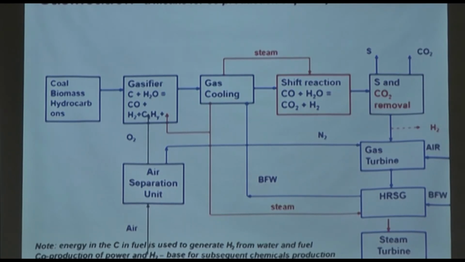The gasification reactions, I will show in two slides from now. Steam reaction with carbon is one of those reactions. So sometimes you need steam, but steam has a different role, and I will spend a fair bit of time on that.